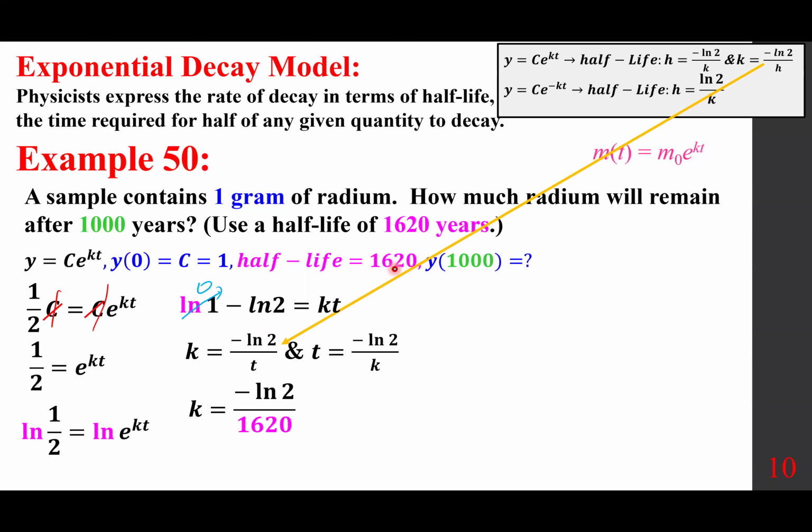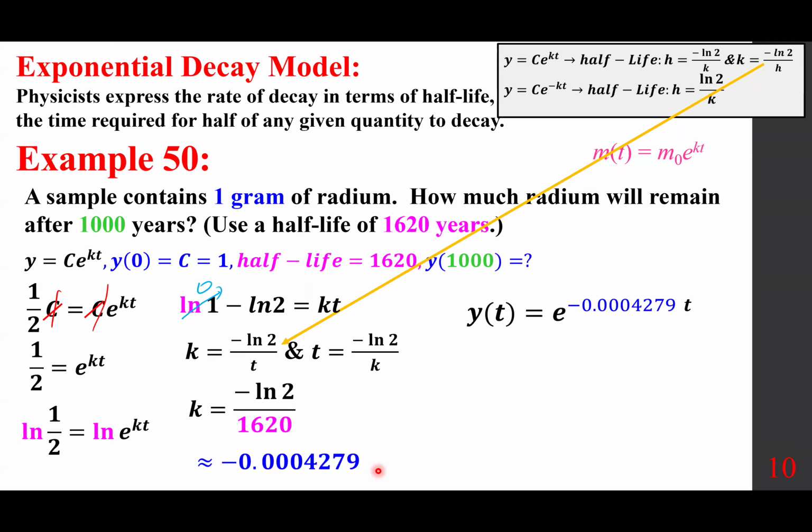An approximation with a bunch of decimals becomes roughly minus 0.000427. As far as the number of decimals is concerned, you really have to be very careful. You want to carry as many decimals as possible, especially in intermediate steps, okay? Otherwise, the final answer will be way off.